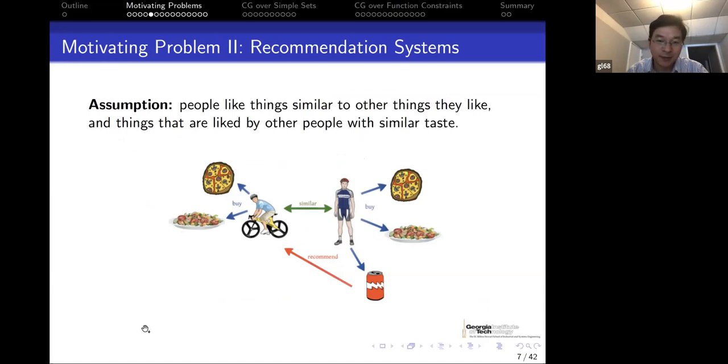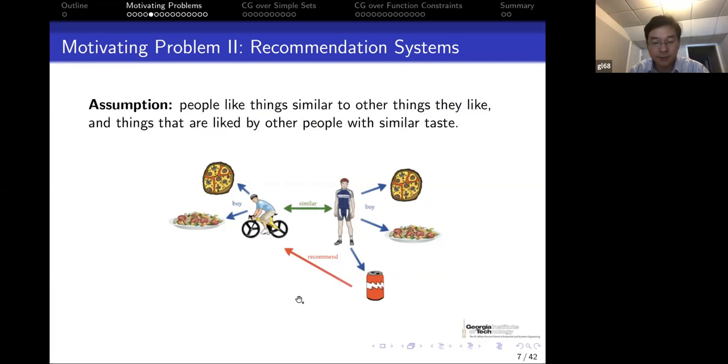This picture shows that the biker and another athlete are similar, and they have purchased similar stuff, like food, salad, and this athlete on the right purchased Coke, a soft drink. Because these two persons, the biker and the athlete, are similar, we would like to recommend the soft drink to the biker too.